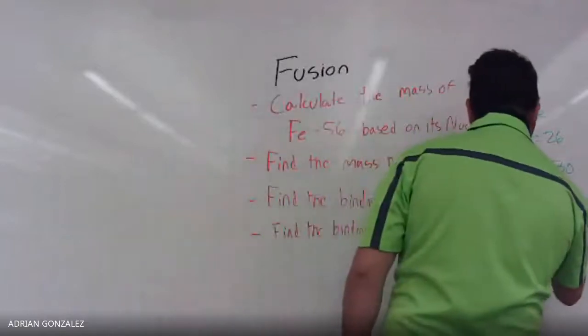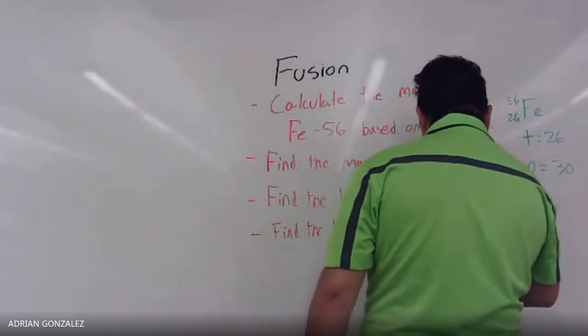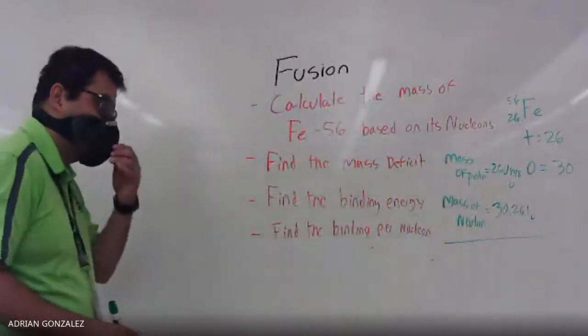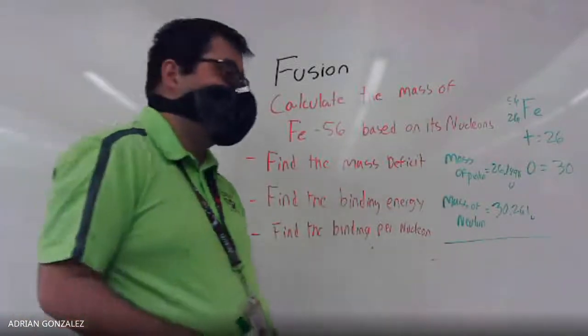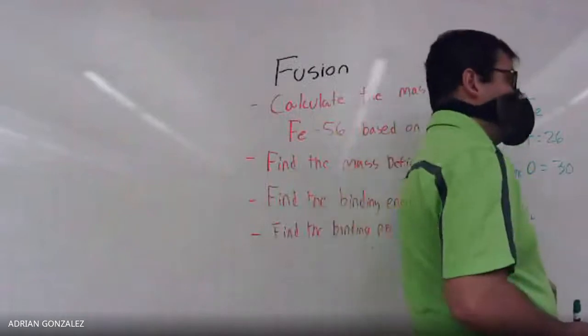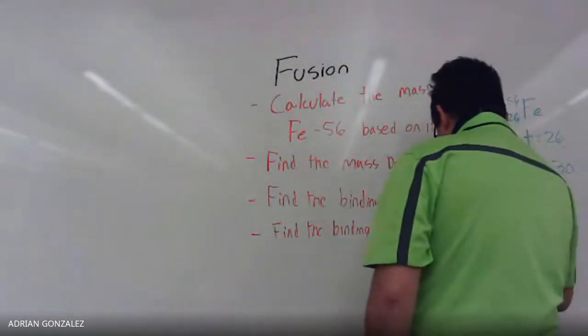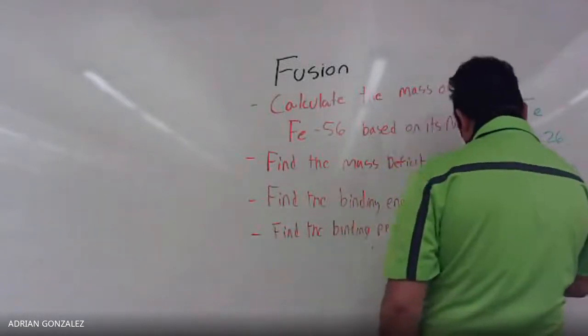Now, what do you do with those two numbers? Add, right? So 26.1898 plus 30.2610. What do you get? 56 point... so close.